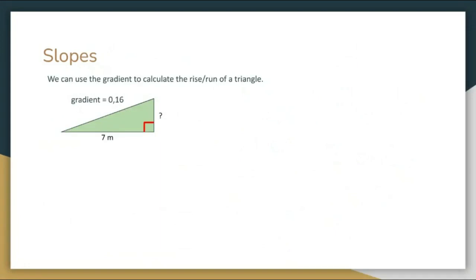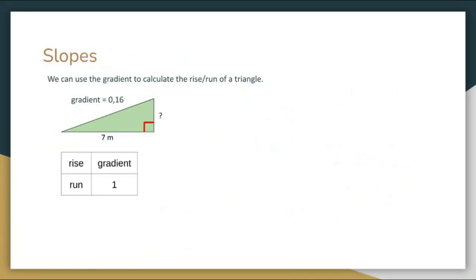Here I have a triangle with a gradient of 0.16 and a run of 7 meters. With this, we can find the correct rise of the triangle. And how do we do that? Correct, we use a ratio table. We put the rise and the run underneath each other and write the gradient in the top right cell. Underneath the gradient we place a 1.